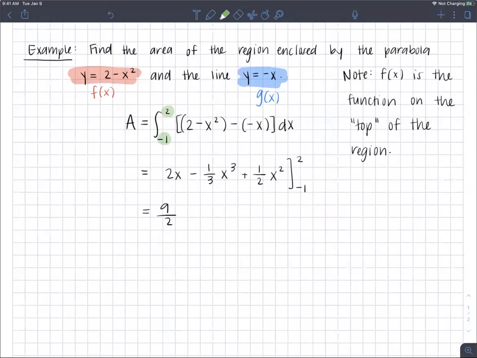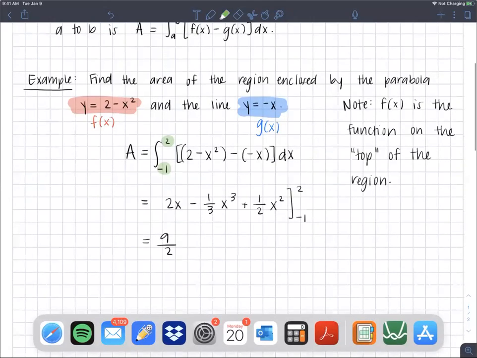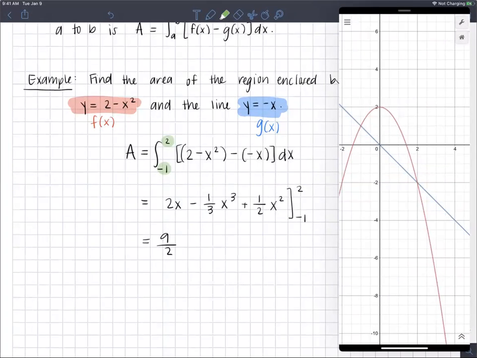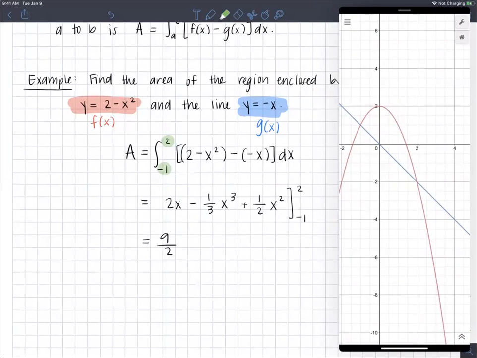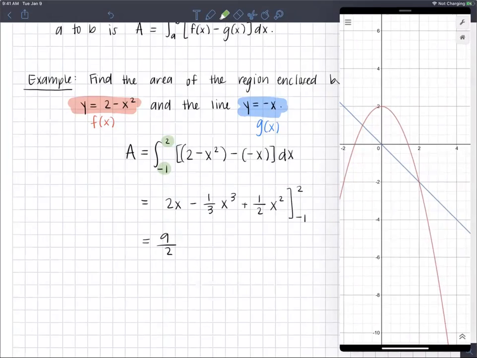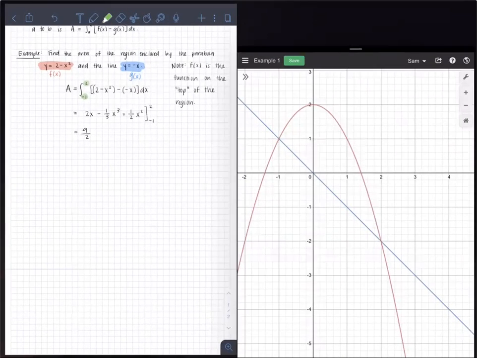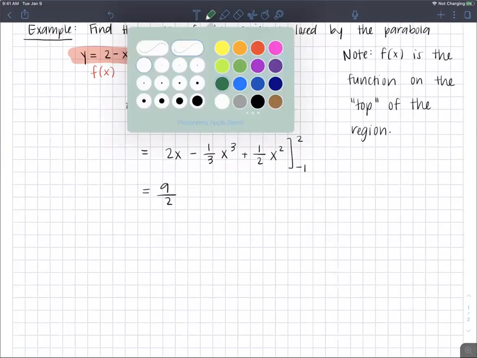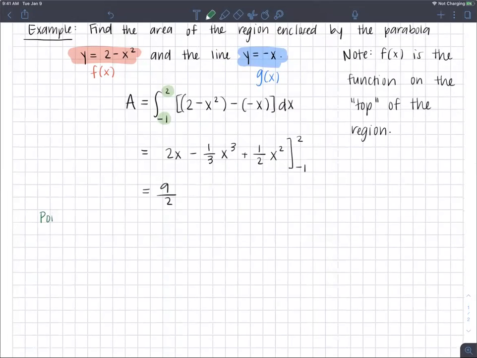If you look at the curves, you see that they're equal only at the 2 points that we used as our limits. And so here, let me show you how to find the point of intersection. Points of intersection are often called POI.